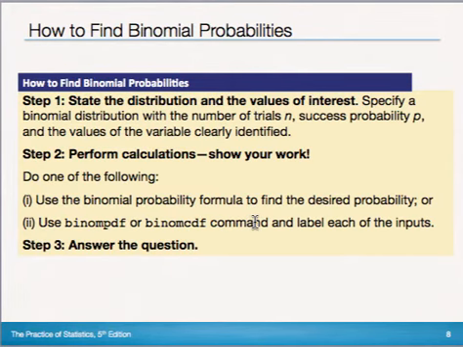But when you use binomial CDF, label all the inputs. So you would say, for example, binomial CDF, and you'd say trials equals 10, probability equals 0.25, successes equals 2. If you don't write it out like that, AP will take credit away from you.